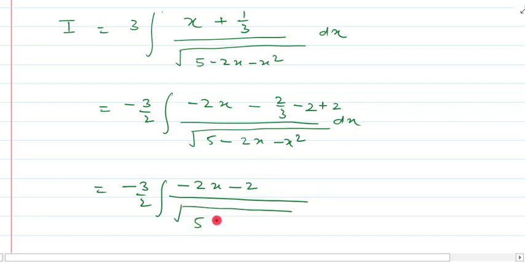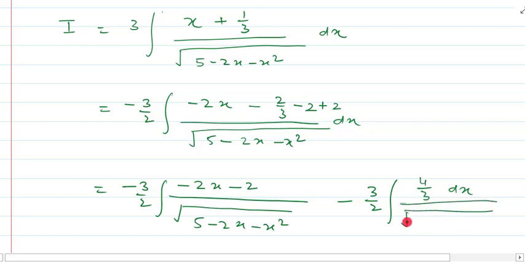So it is minus 2x minus 2 upon 5 minus 2x minus x square, and the other term is minus 3 upon 2 into the integration. We are left with minus 2 by 3 plus 2, and clearly we are left with 4 upon 3 over here, dx, and in the denominator the same term, that is 5 minus 2x minus x square.